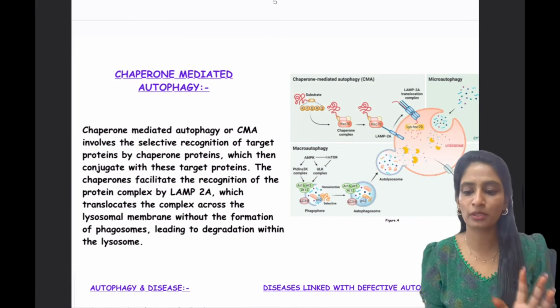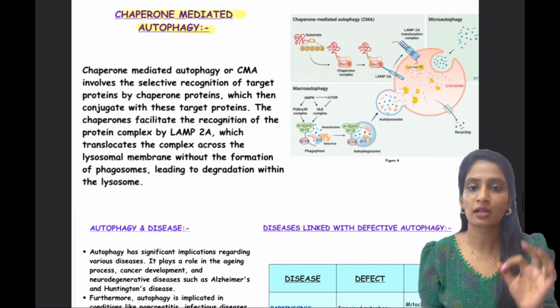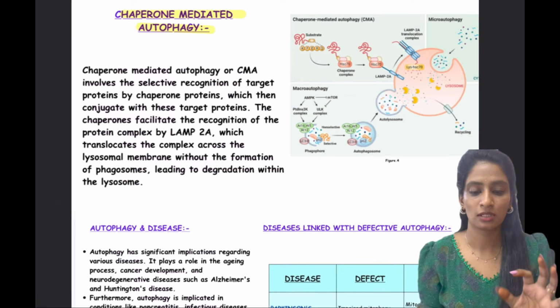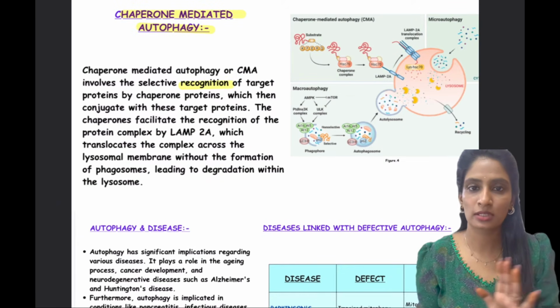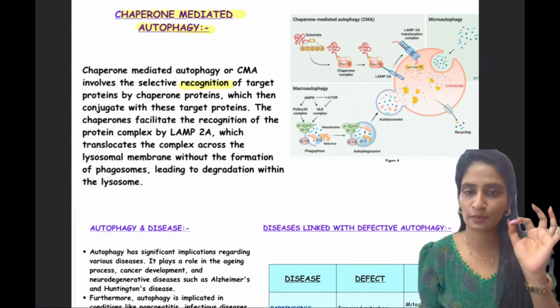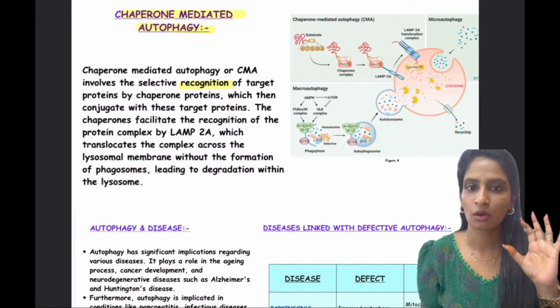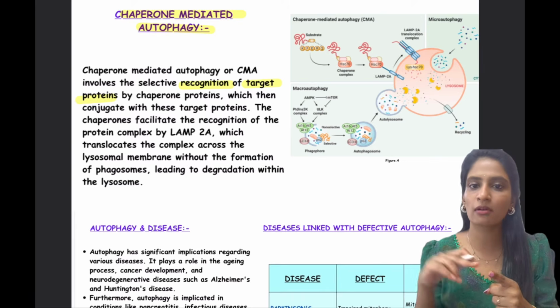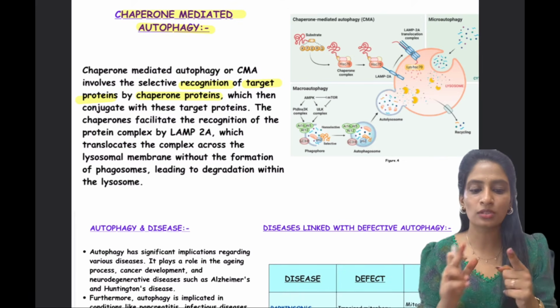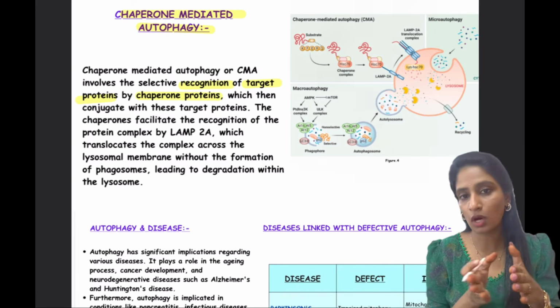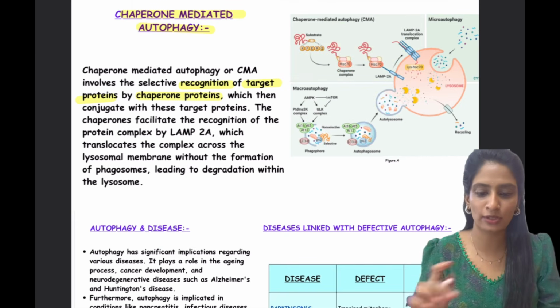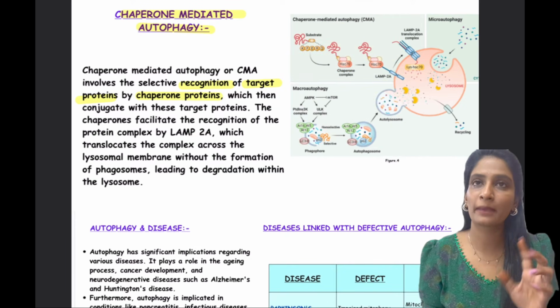Coming to chaperone mediated autophagy, there will be a direct recognition by the heat shock protein. There will be a specific target protein which is responsible, so the chaperone and the protein will bind. Now this chaperone protein walks to the lysosome.